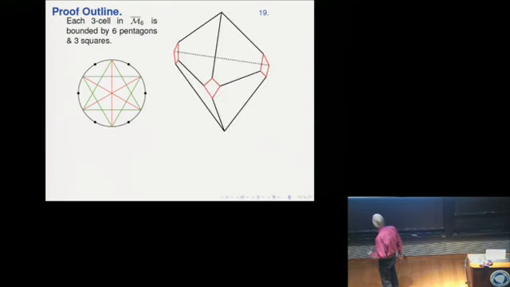So the 6 edges of the red star, of the green star, correspond to the 6 pentagons. Similarly, we can divide it 3 and 3 by the 3 red diagonals. So we have 3 red squares, and when you figure out how all this works, we get an object which looks like this.